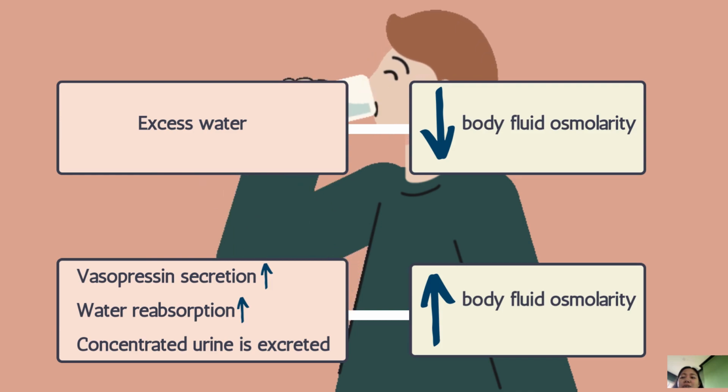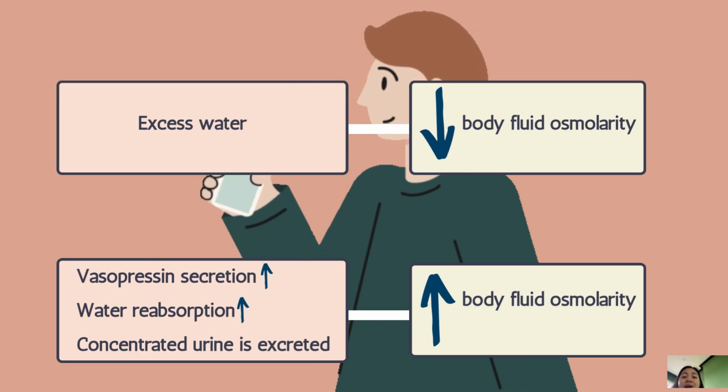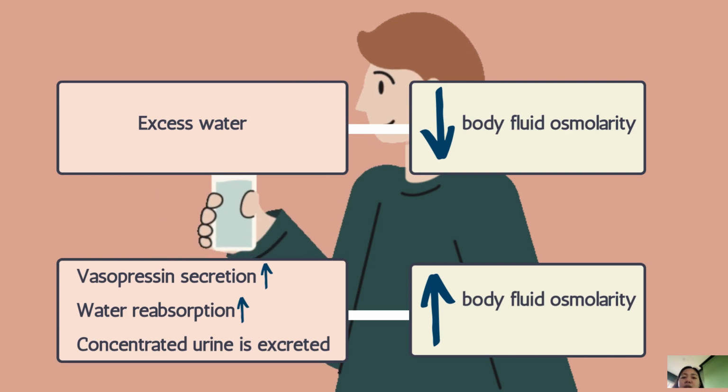At the other end of the spectrum, when the osmolarity of the body fluids increases because of water deprivation, like a lack of water, vasopressin secretion is reflexively increased via the osmoreceptors.